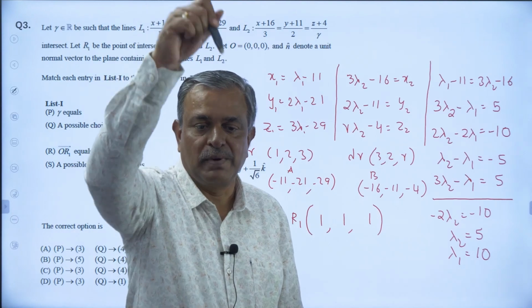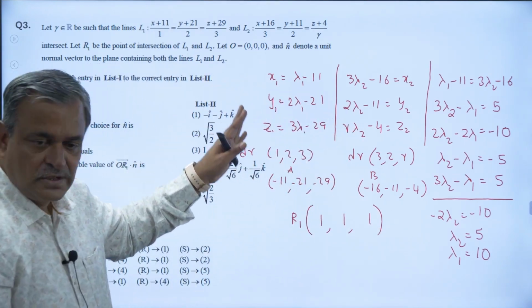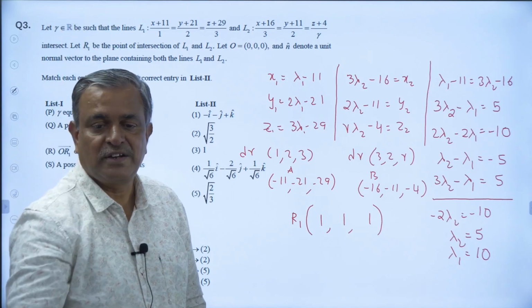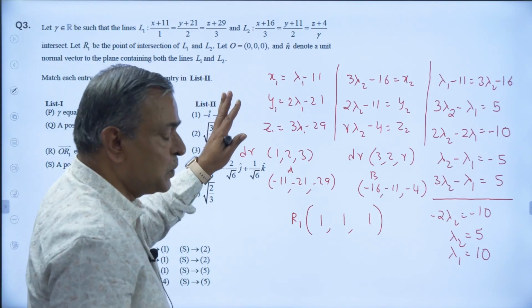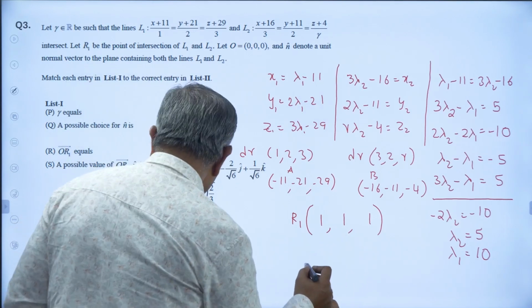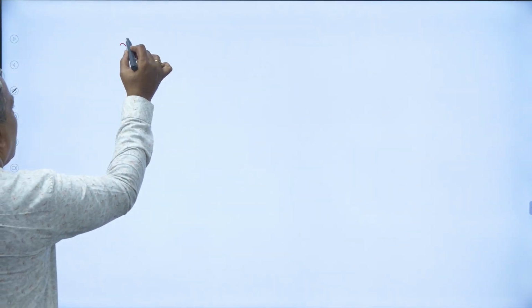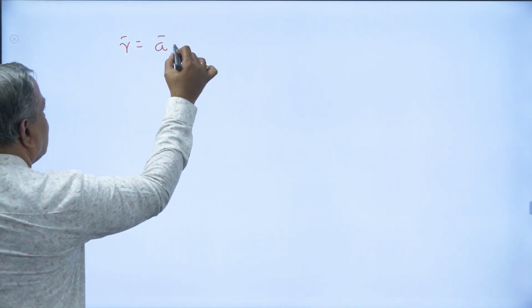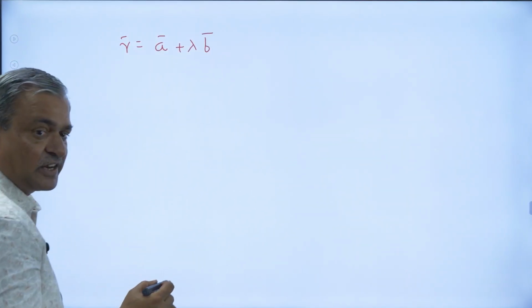There is a normal which is perpendicular to both lines. We know how the line equation in vector form is written: R vector is equal to A vector plus lambda times B vector. This is the vector equation we write.